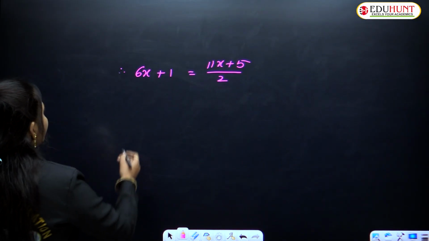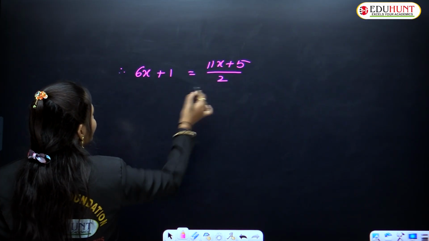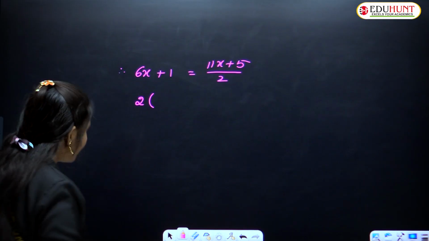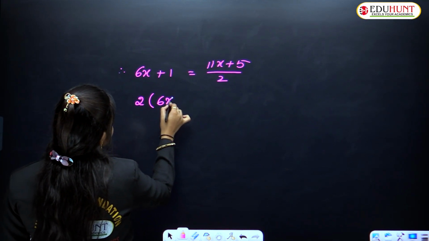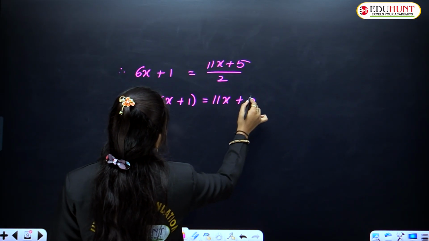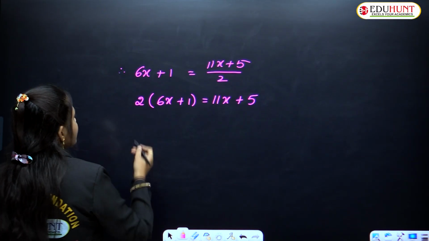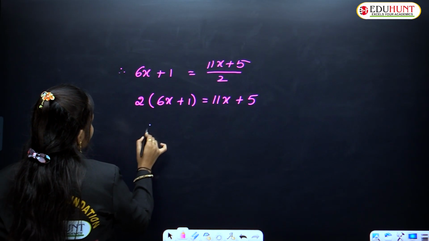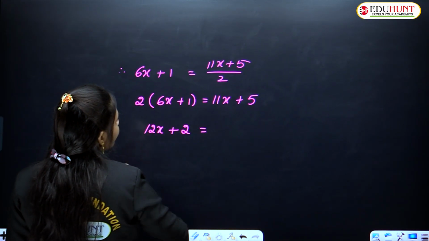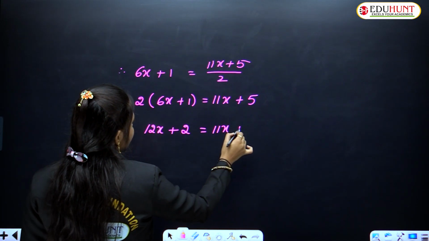Understand? See here, by 2 is there, so that becomes multiplication. Now 2 into 6x plus 1 equals 11x plus 5. Clear? Yes. Now 2 into 6x is 12x plus 2 into 1 is 2, equals 11x plus 5.